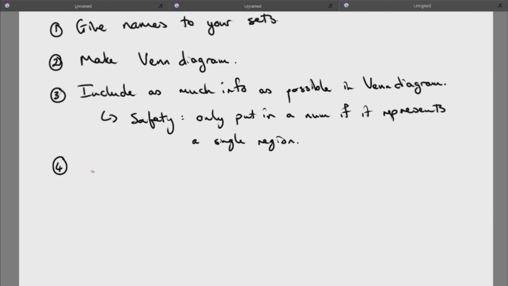Number 4, identify the wanted region or regions. They're going to ask for something like, how many projects is Jill involved in?